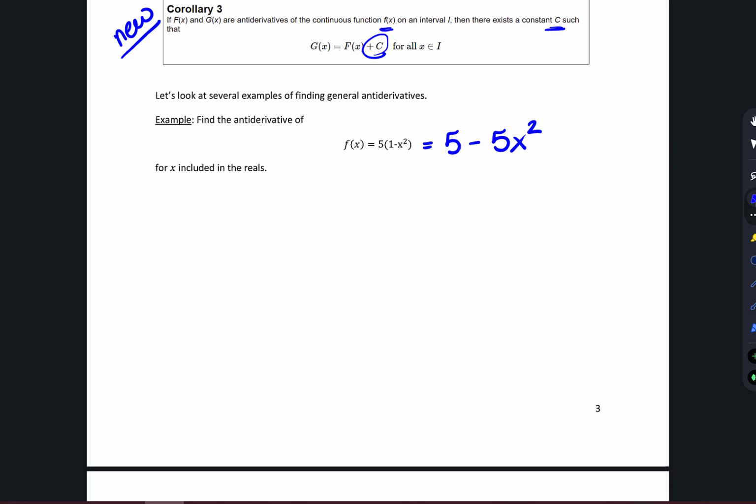My goal here again is I want to find a function whose derivative is equal to 5 minus 5x squared. So I can do this term by term. Looking at the first term, I need a function whose derivative is just 5. Well, the only function that we would get that from is 5x plus some constant, and it can be any constant.